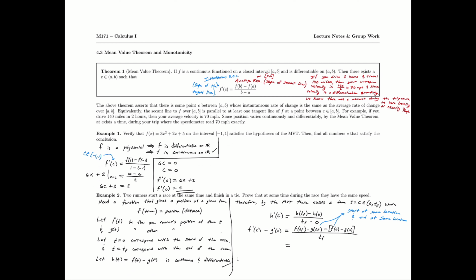So this tells us that f of 0 equals g of 0 and f of tf equals g of tf.